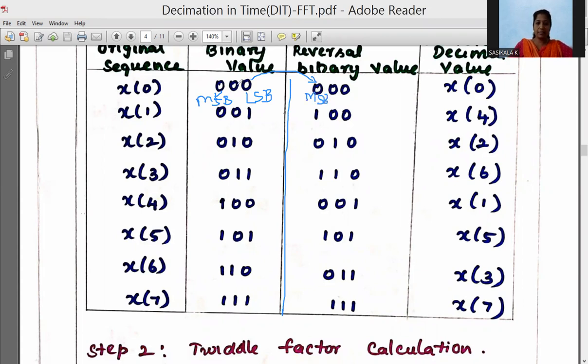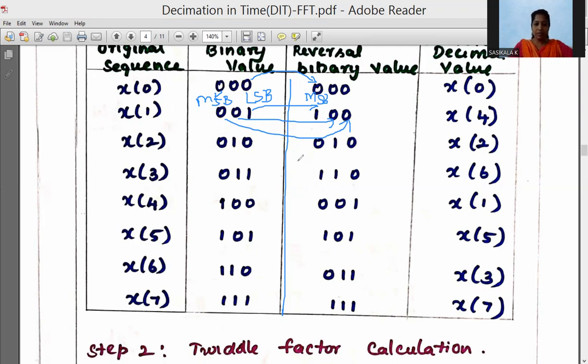The center bit remains the same and the MSB goes to the LSB. So for 0, 0, 1, this 1 comes to the MSB, 0 comes here, and this MSB goes to LSB. And 0, 1, 0 gives the same 0, 1, 0.